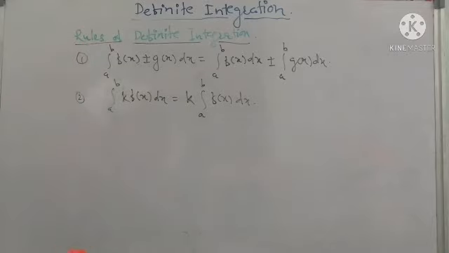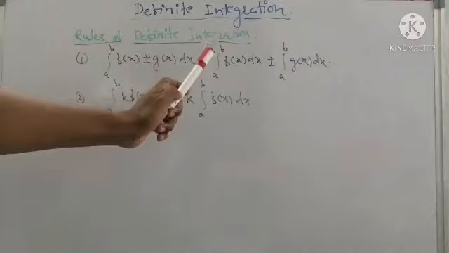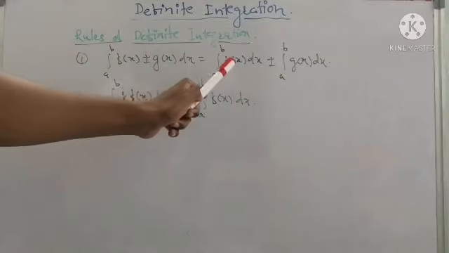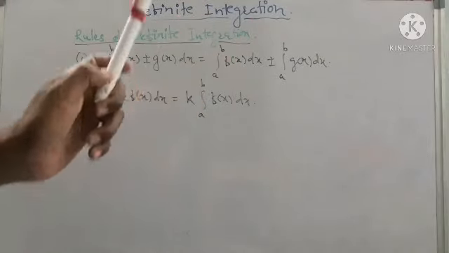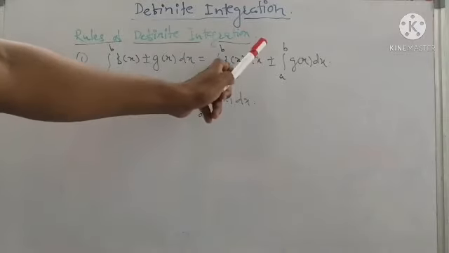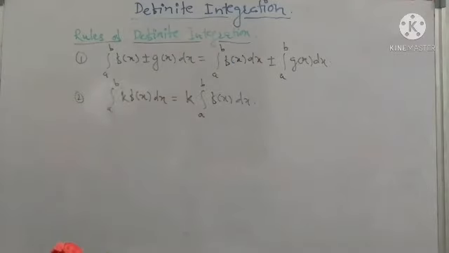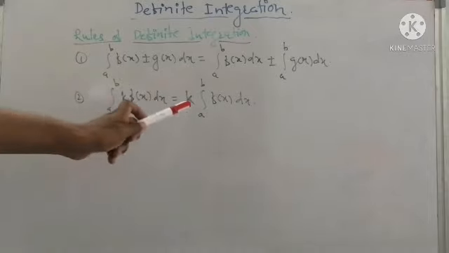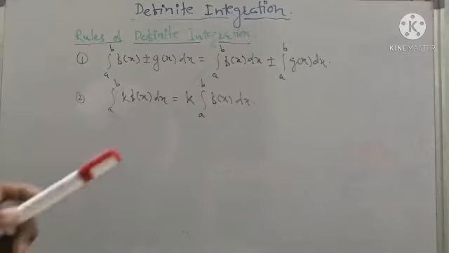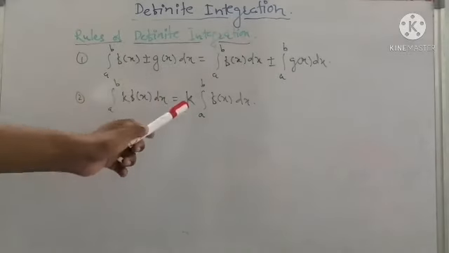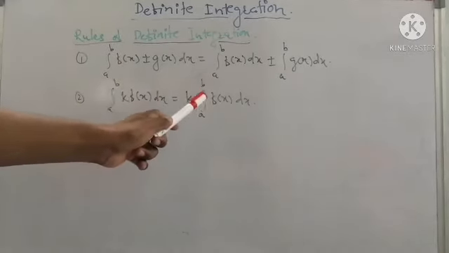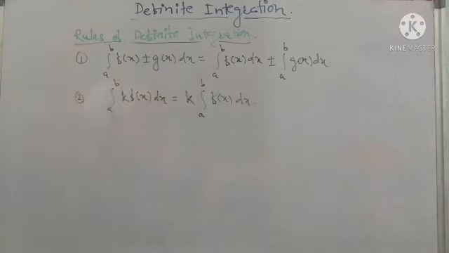For addition or subtraction of integrations, we take the same limits for the integration of each term, and then take their addition or subtraction. And in the second rule, as we know, the constant of integration we always take outside the integration. Here we take the constant outside the integration, and the limits do not change, as we take the integration of the function of x only.